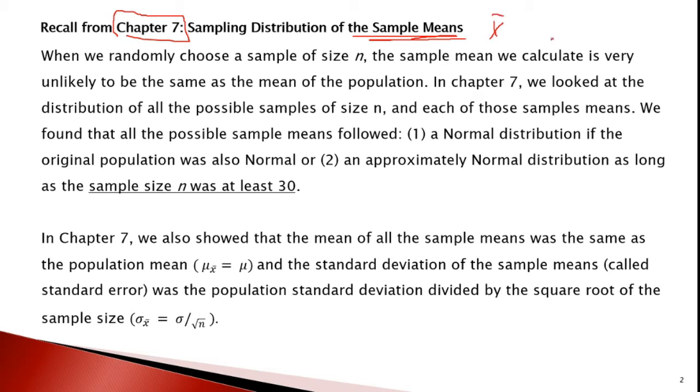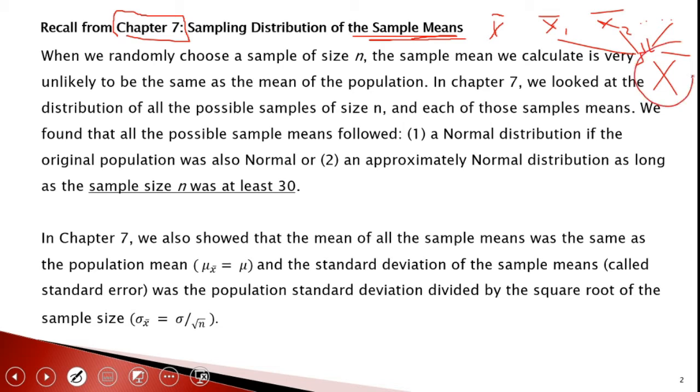So we calculate different x bars, like x1 bar, x2 bar, and so on, and then calculate the mean of these x bars. We call it giant x bar, the sample mean of means.